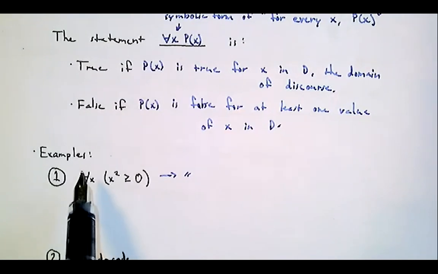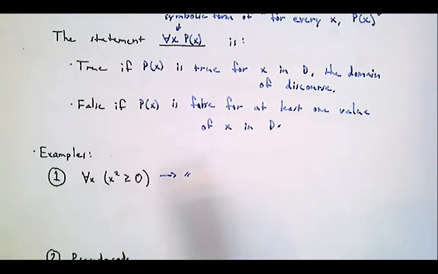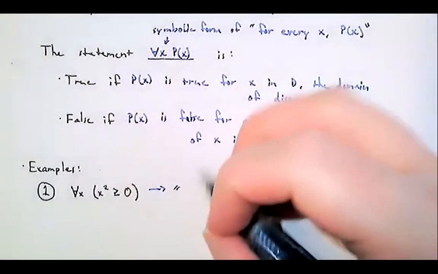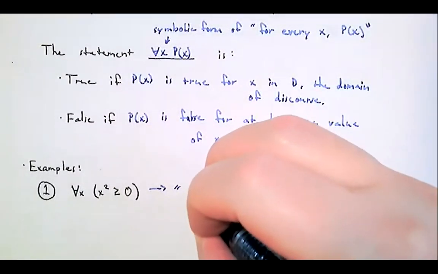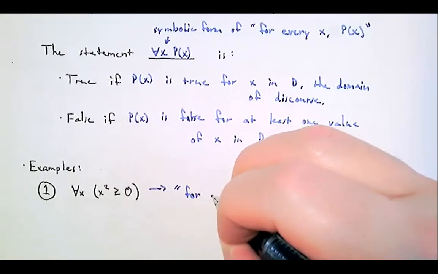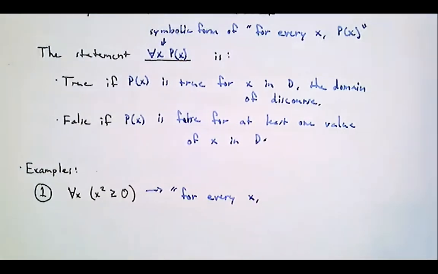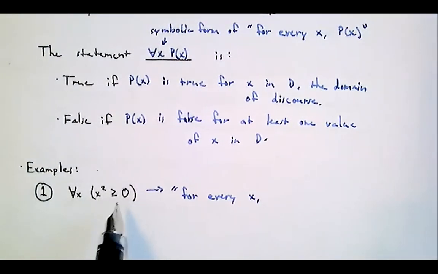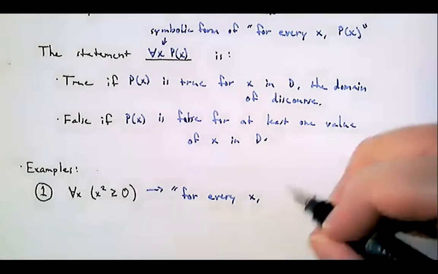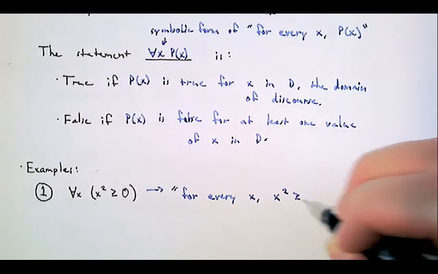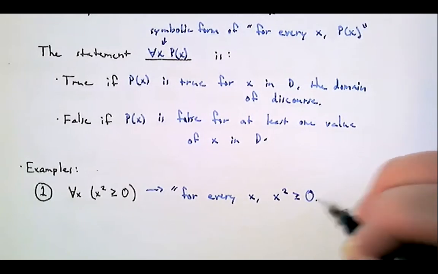This upside down A with an X next to it, remember, means for every X. And then the propositional function is this inequality that asserts that x squared is greater than or equal to 0.